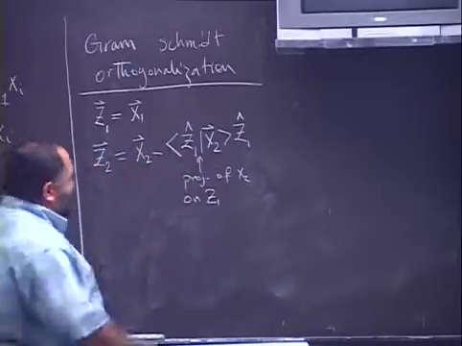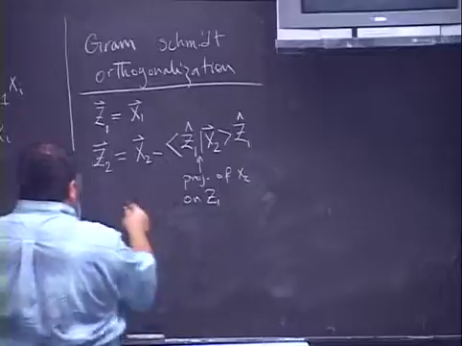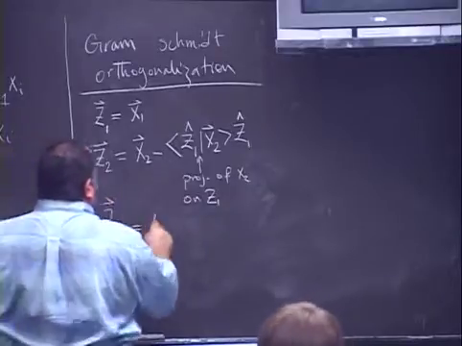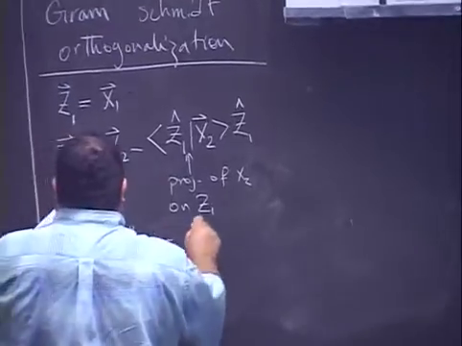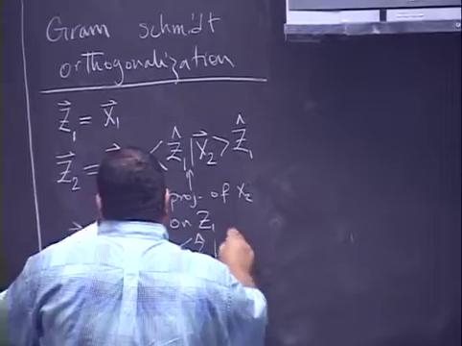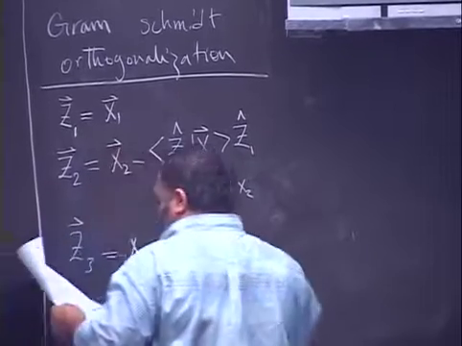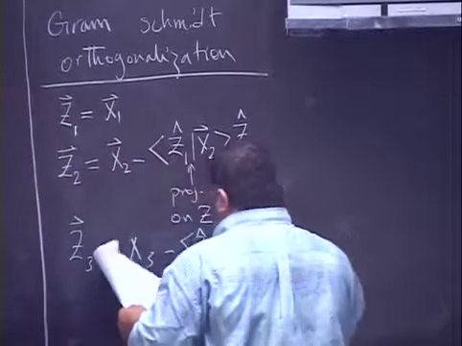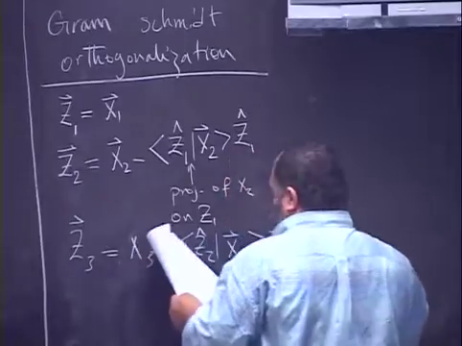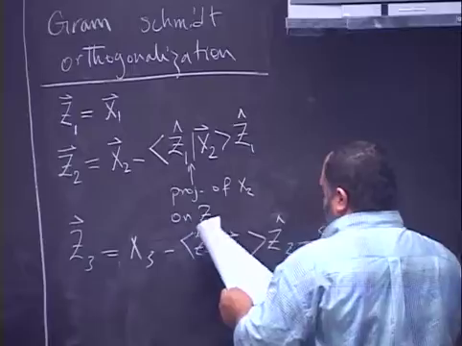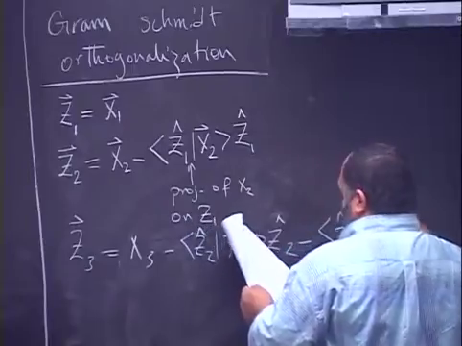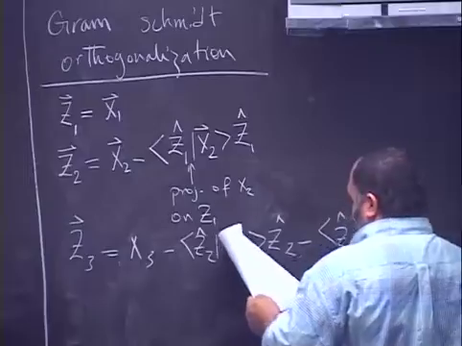Let me continue with the rest. The third will be x3 minus the projection of x3 on z2, times z2, minus the projection of x3 on z1, times z1.